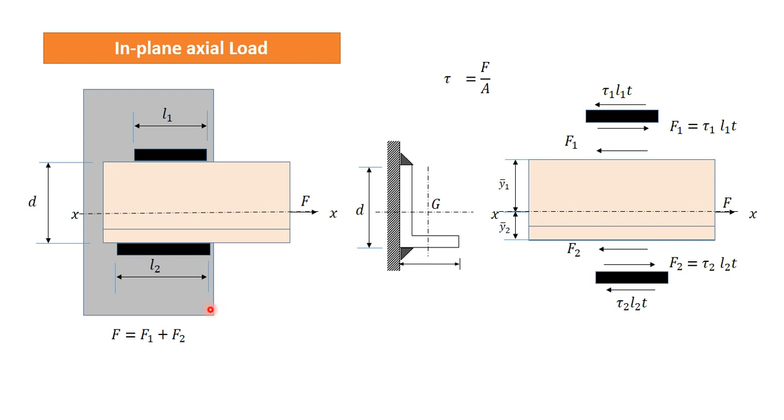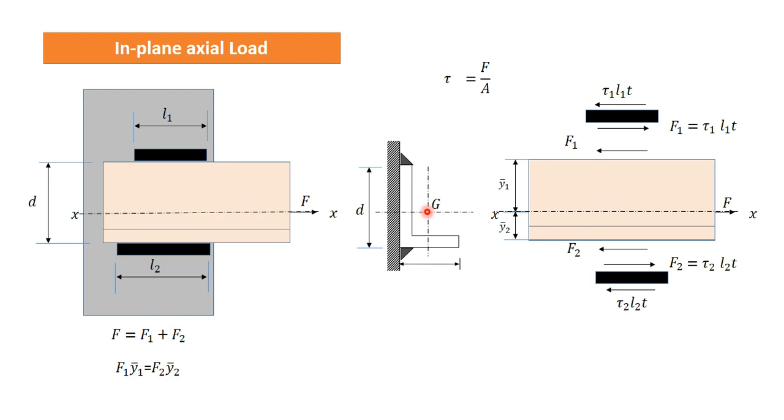These forces are in-plane shear forces, so they will induce in-plane shear stresses. Very simple. Now F is equal to F1 plus F2, and the moments F1 into Y1 and F2 into Y2 will be the same if we take moments about the CG. If F is not passing through the CG, then we will have some unbalanced moment at the CG, and that moment will induce bending stresses on the weld.